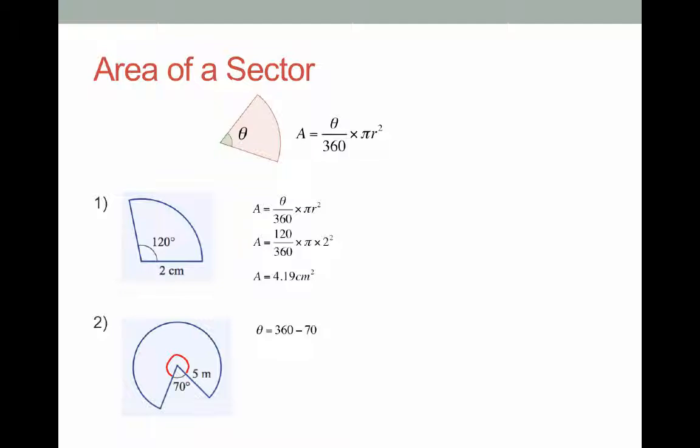And that will give us an inside angle of 290 degrees. Now we can go ahead and use our formula. The area of this sector is going to be 290 out of 360, that's the fraction, times pi times 5 squared. And that gives us an area of 63.27 meters squared.